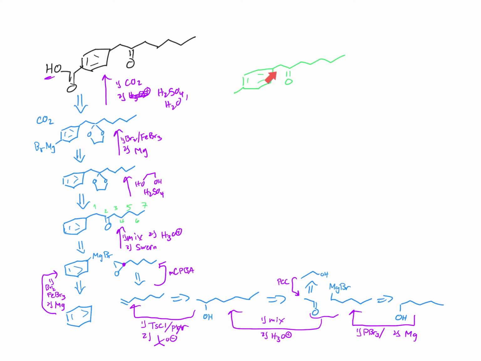However, I have two benzylic positions. Probably both would get oxidized. I'd cut off this chain that I so painstakingly installed down here, and I'd end up with a dicarboxylic acid, which would make me rather unhappy. So let's not do that.